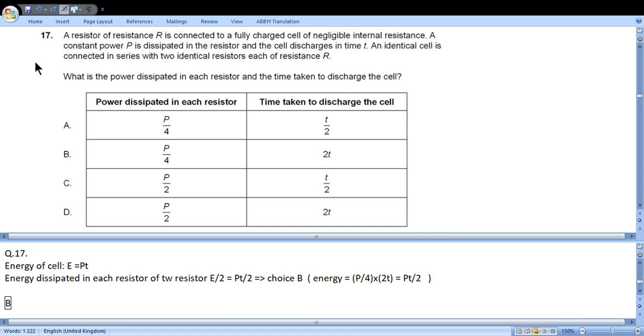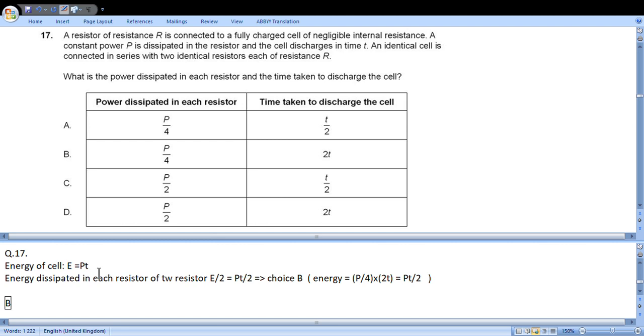A resistor of resistance R is connected to a fully charged cell of negligible internal resistance. A constant power P is dissipated in the resistance as the cell is discharged in time t. An identical cell is connected in series with two identical resistors, each of resistance R. What is the power dissipated in each resistor and the time taken to discharge the cell? So the energy of the cell we can find by multiplying power by time from the first case.